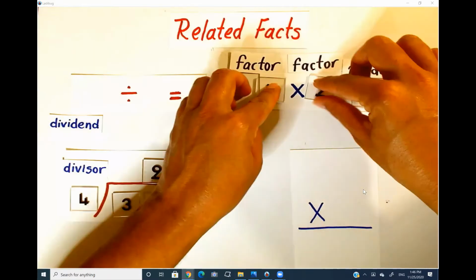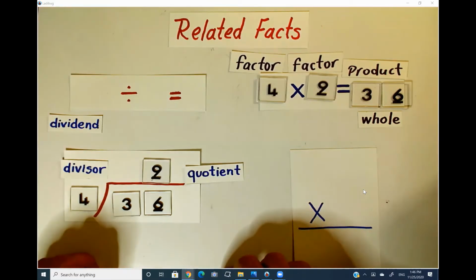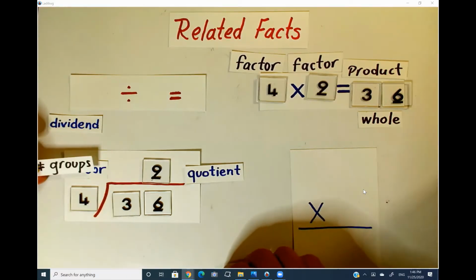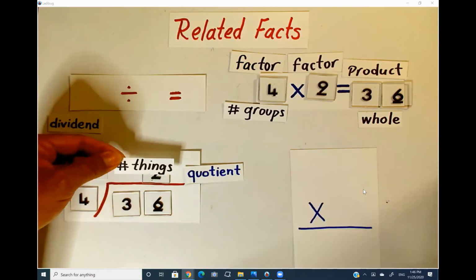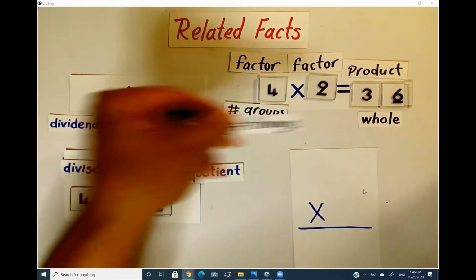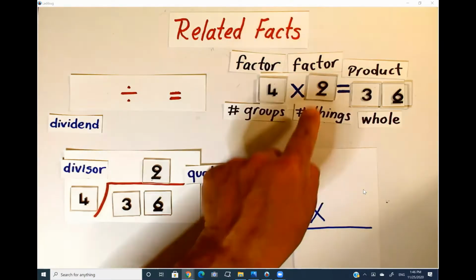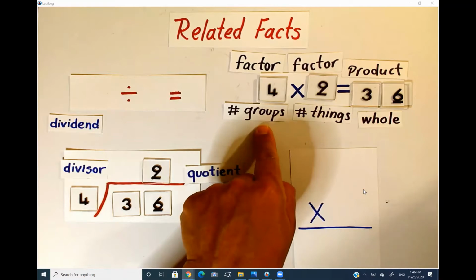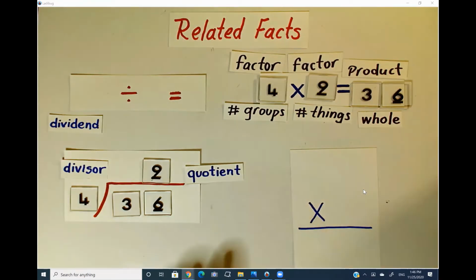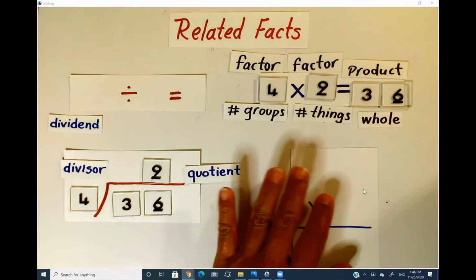Now, the same as we did before, we know that the divisor is the number of groups. So the first factor is going to be the number of groups. And we know that the quotient is the number of things in each group, which is the same in the multiplication. The second factor represents the number of things in each group. We do the same with the multiplication algorithm.